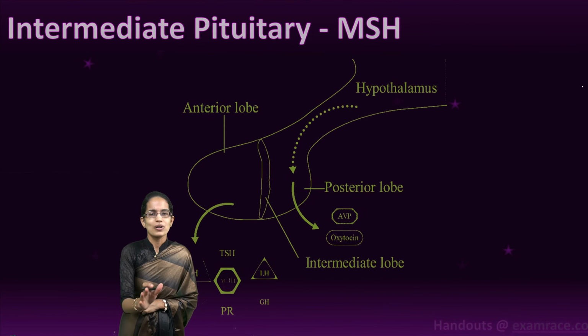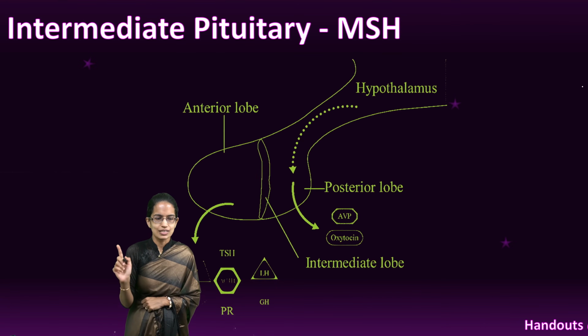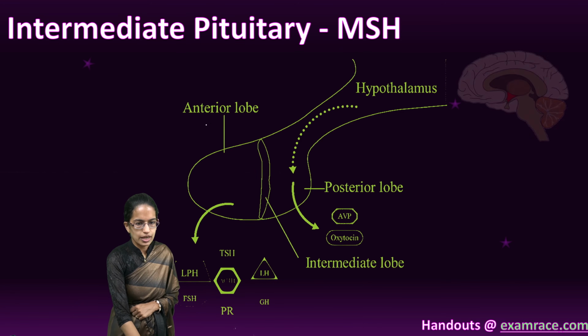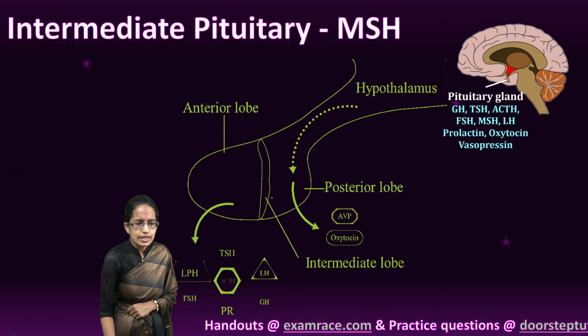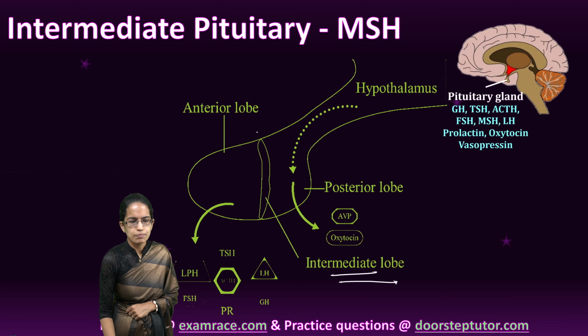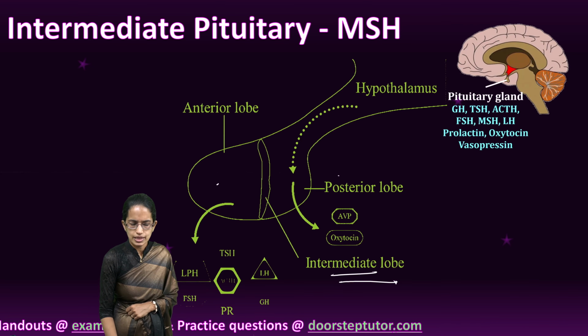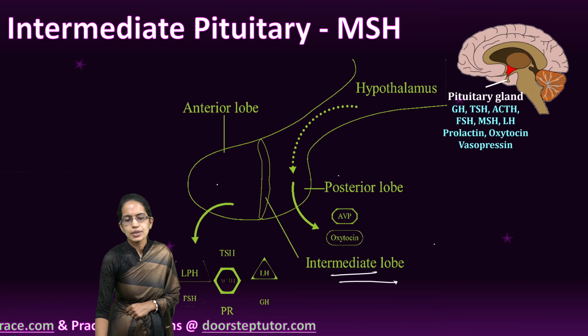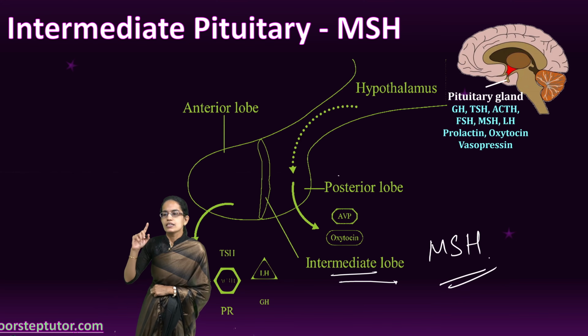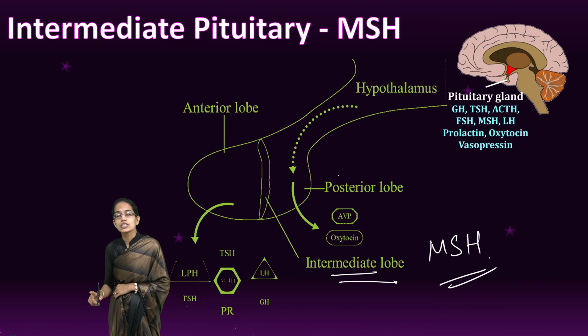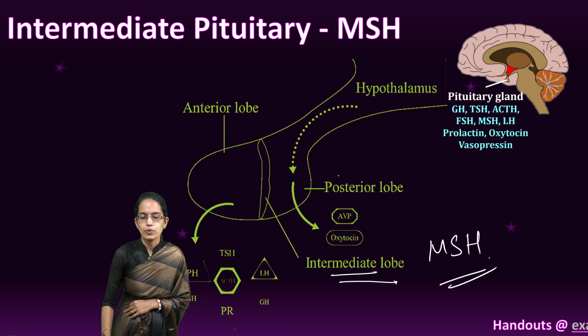So let's talk about the simplest one, that is the intermediate lobe. As you can see here, within this pituitary, we have the intermediate lobe, which is located between the posterior and the anterior. This intermediate lobe secretes MSH, melanocyte stimulating hormone.